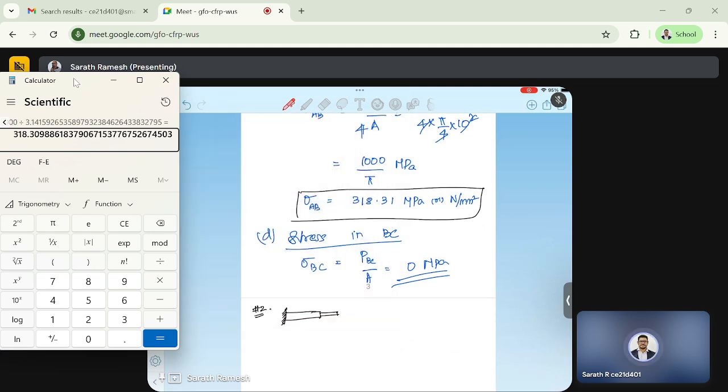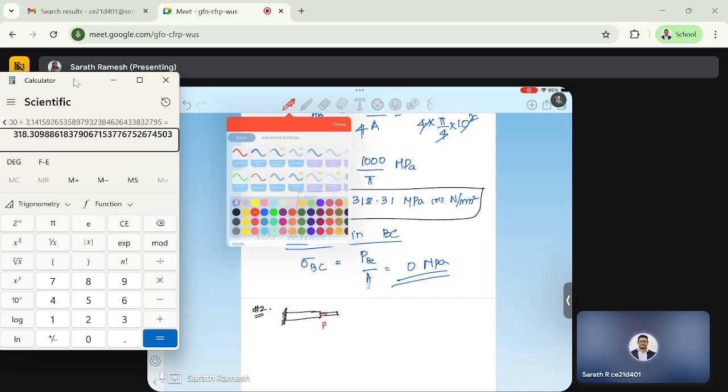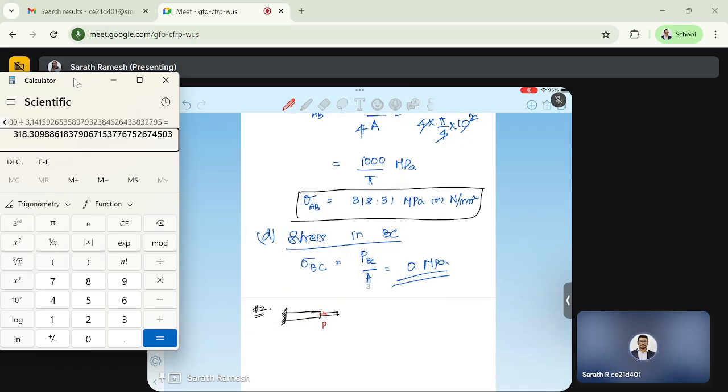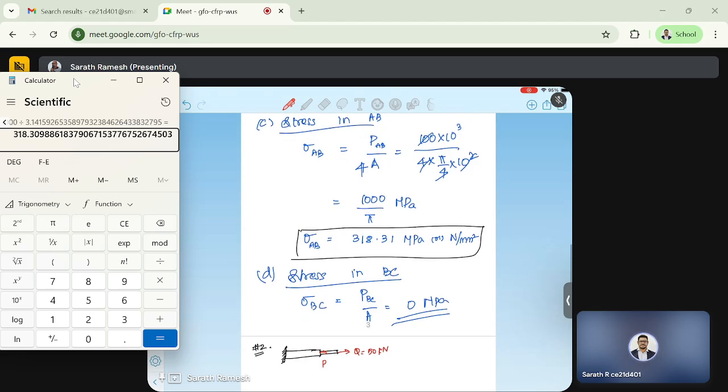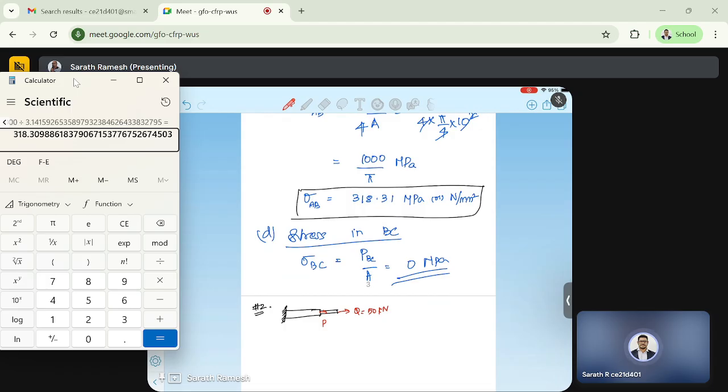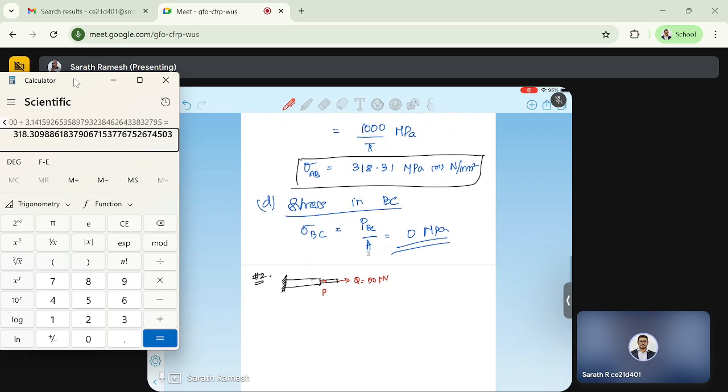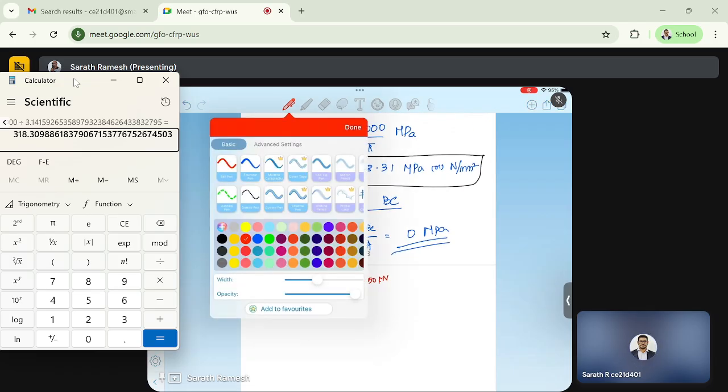So already here there is a load as it is, no change, but plus we have another load here at C. Q, maybe we can take it as 50 kilonewton. Other things are the same: the dimensions of the shaft, the diameter, area, length, elastic moduli, everything is same. Only thing, we are having an extra load at C.